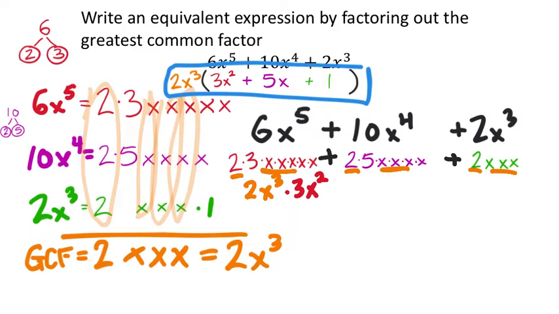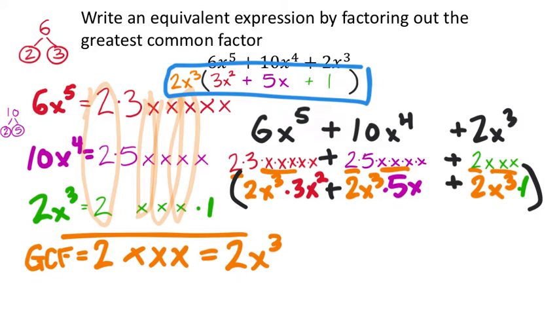The second term, right, because these are all separated by addition, would have also had 2x to the power of 3 times 5x. Times, there we go. And then we also had the 2x to the power of 3, right? It's like we kind of took these 2x to the power of 3s and just yanked them out, and that's what we end up with right here, okay? So, and then you see what's left over, right? 3x to the power of 2, 5x, and then, well, maybe it's good to see that phantom 1 right there.